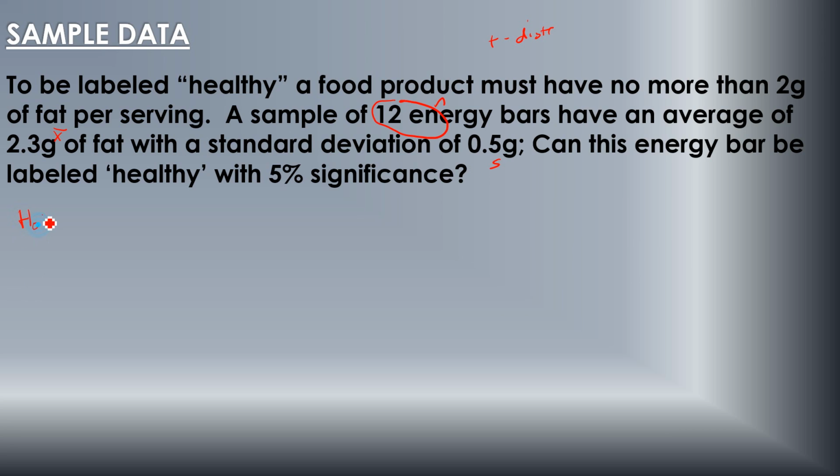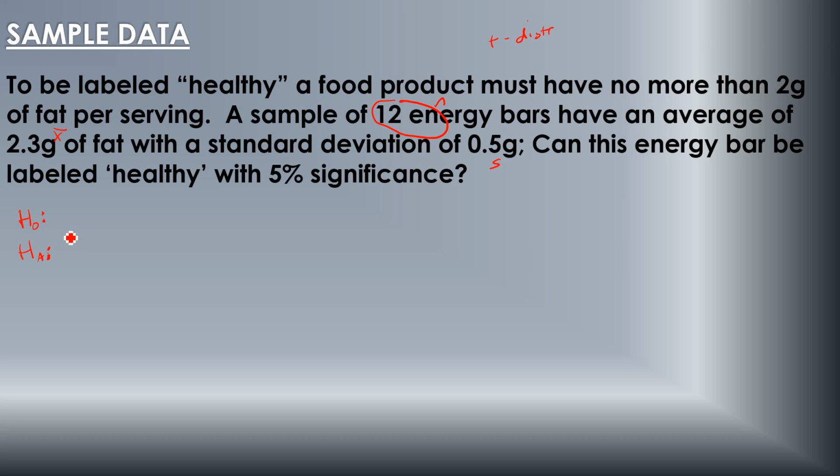So what's our hypothesis? Okay, so these questions are being worded differently than they were before, and that's on purpose. It's to get you thinking what is the hypothesis if it's not clearly stated. So we have to think from the perspective of the energy bar company.